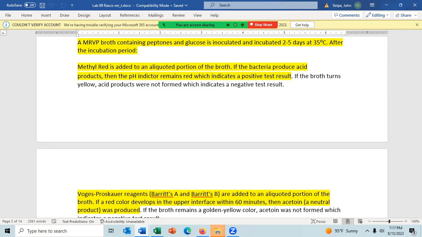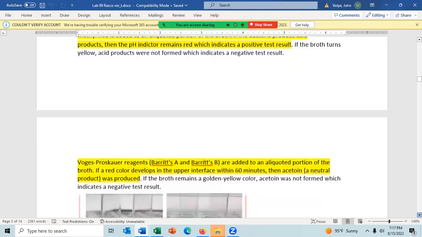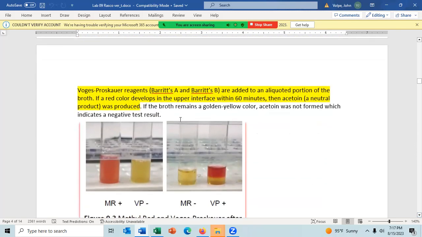For the VP test, after you incubate it, you then add Barritt's solution A and Barritt's solution B, shake the tube to add oxygen to the tube, and then let it sit for about 60 minutes. If acetoin is produced, which is the neutral product, the VP solution will turn positive.